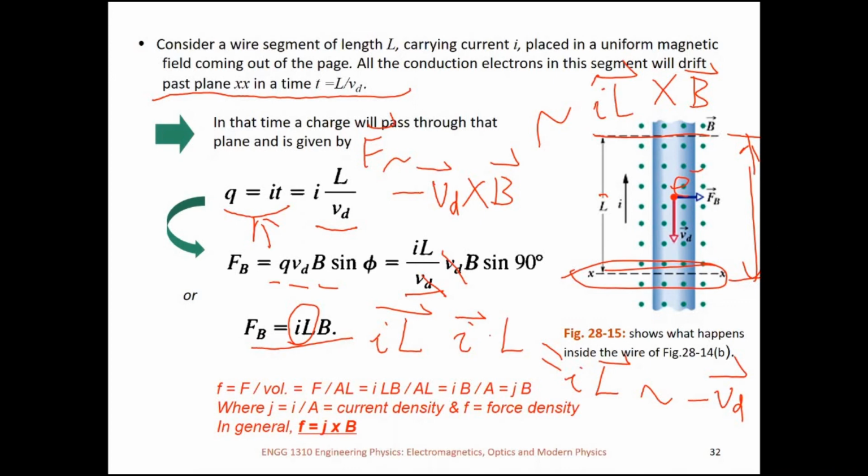So if we want to write this equation in vector form, that would be FB equals IL cross product with B, or sometimes could also be written as L. Sorry, something clicked wrong. Okay, anyway, come back.